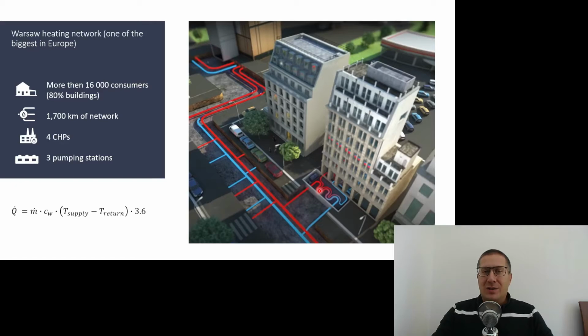So the rational approach is to keep as low as possible temperature of supply water and maximize the flow. But in such a case, we have to be sure that we are able to provide the heat to the end user.